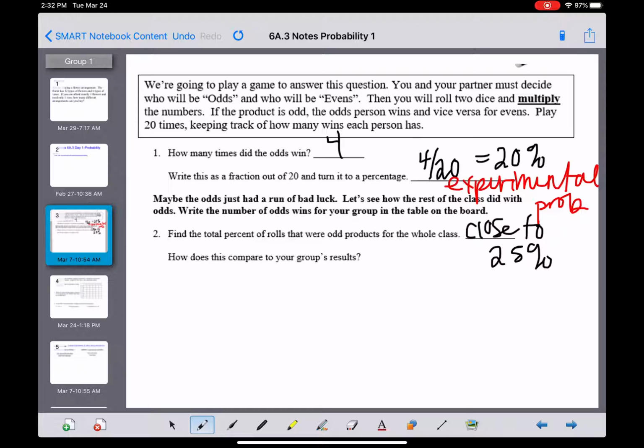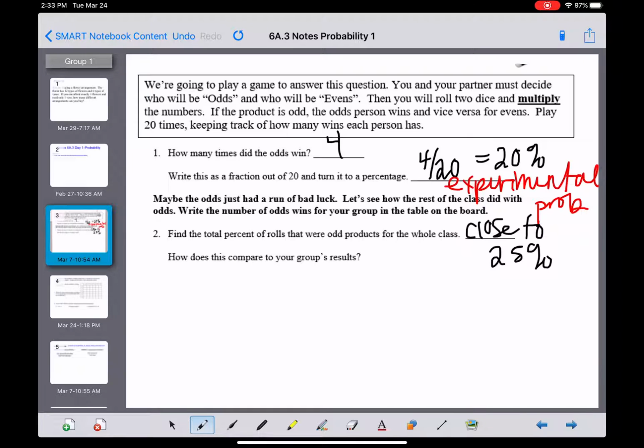Okay, so everyone's averaged together. Some people were above, some people were below that average. Maybe you had more than 25%, other people maybe had less than 25%.